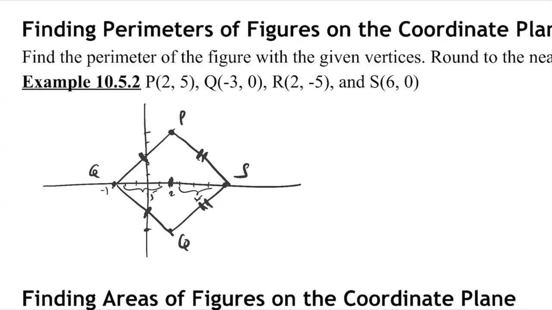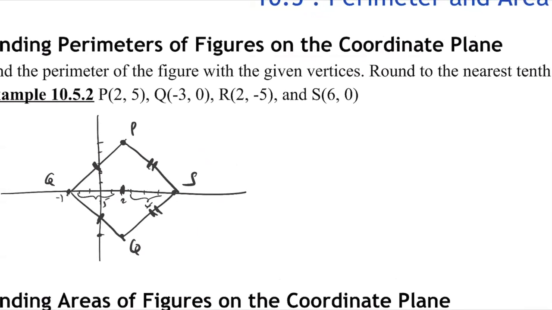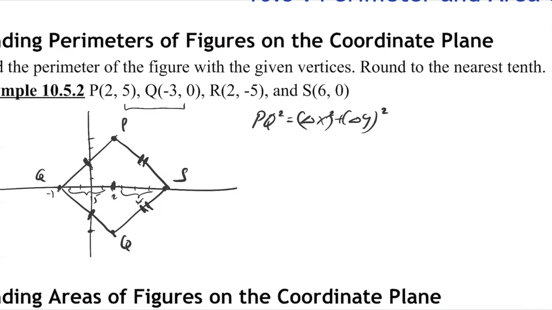Okay. So I need to find PQ, right? So PQ squared. The distance between P and Q. We've been doing this lately, right? Change in x squared plus change in y squared. Like this, right? And the change in x is 2 minus 3, which is 3, and then the y's are 5 minus 0, right?